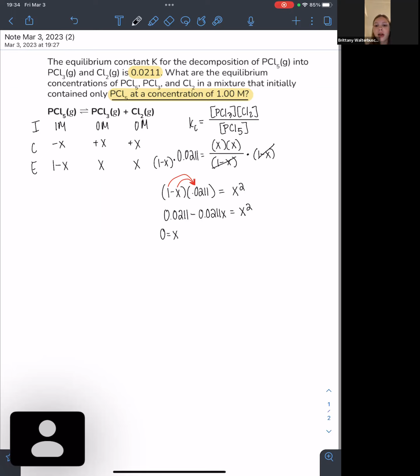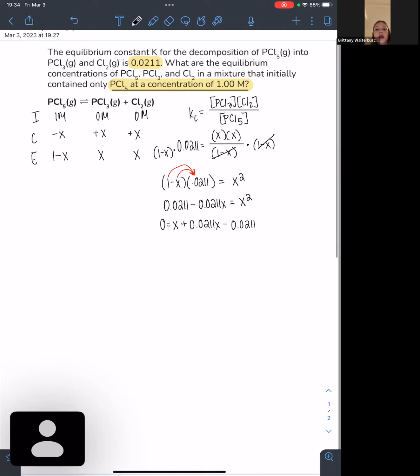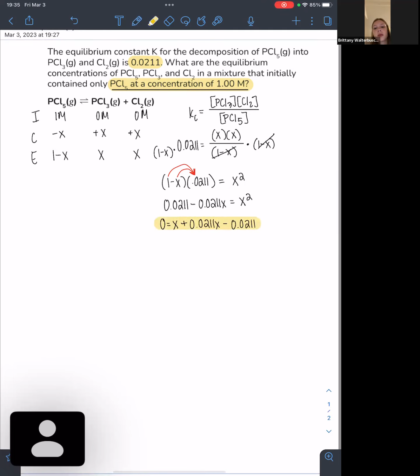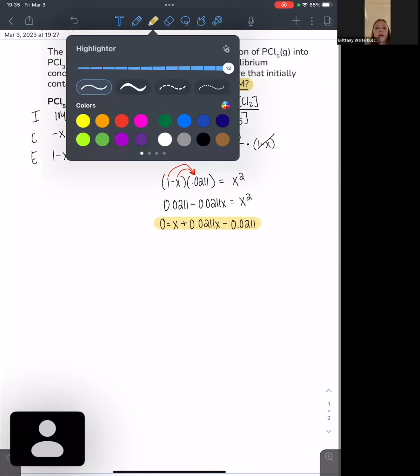First, I'm going to move over the negative 0.0211x by adding it to the other side. And then I'm going to subtract that 0.0211 value over. So this is the equation that we're going to be using for the quadratic formula.